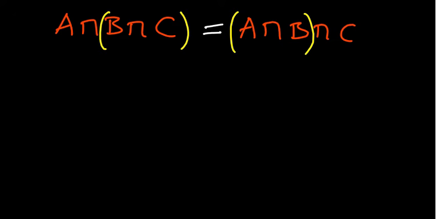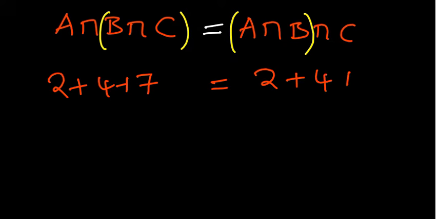If you want to remember this easily, think of a case where you're dealing with addition of 3 numbers. You can't add them at the same time. You'd have to begin with 2 numbers first of all. If you have 2 plus 4 plus 7, and then of course the same 2 plus 4 plus 7, you can't add them at the same time. So if you start with the first 2 numbers, or you start with the last 2 numbers, it is still the same.